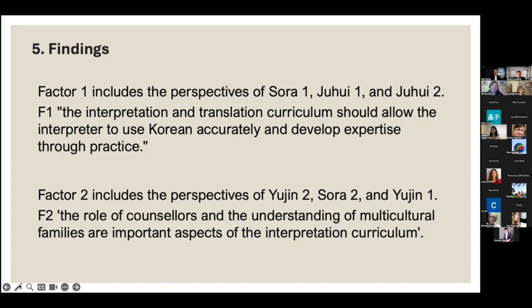Factor 2 included the perspectives of Juhi 2, Sora 2, and Juhi 1. Factor 2 means the role of counselors and the understanding of multicultural families are important aspects of the interpretation curriculum.